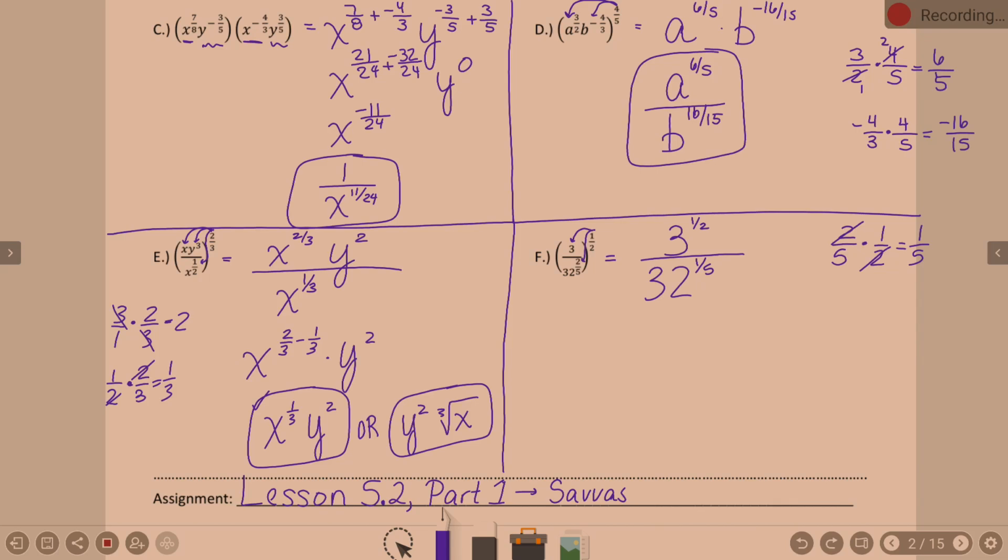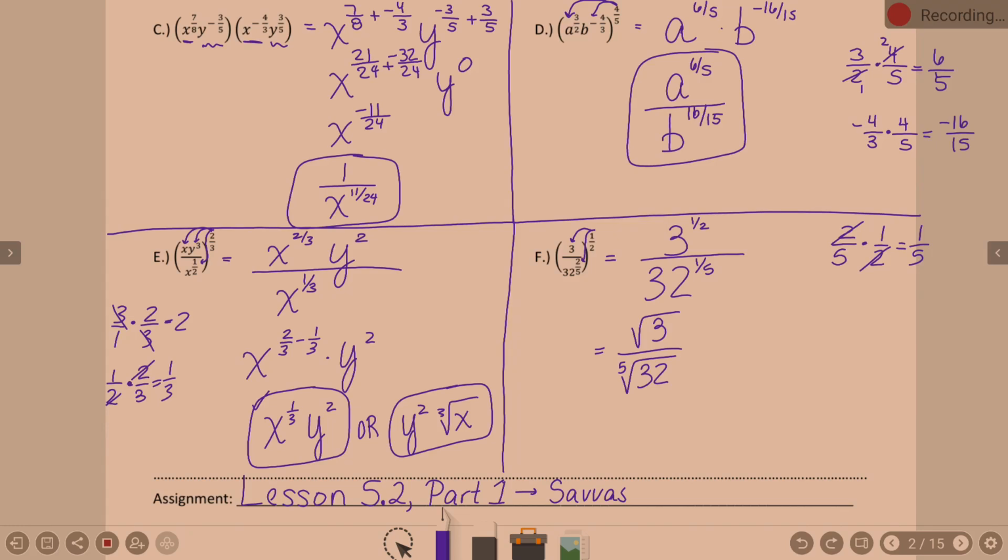But let's take a peek at these in radical form. What's 3 to the 1/2 equivalent to? Square root of 3. What's 32 to the 1/5 mean? 5th root of 32. Do we know either of those?